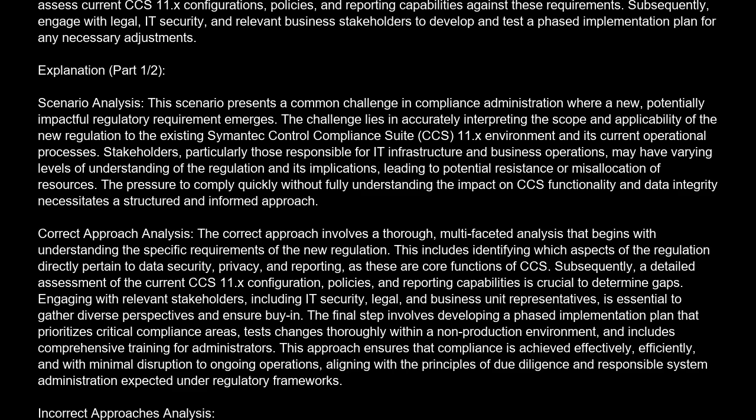The final step involves developing a phased implementation plan that prioritizes critical compliance areas, tests changes thoroughly within a non-production environment, and includes comprehensive training for administrators. This approach ensures that compliance is achieved effectively, efficiently, and with minimal disruption to ongoing operations, aligning with the principles of due diligence and responsible system administration expected under regulatory frameworks.